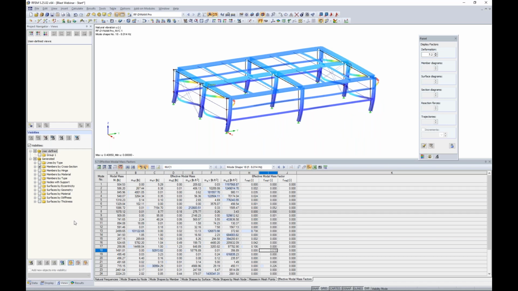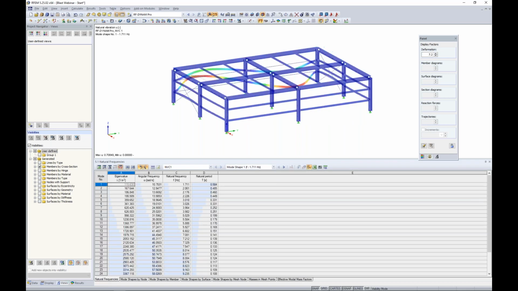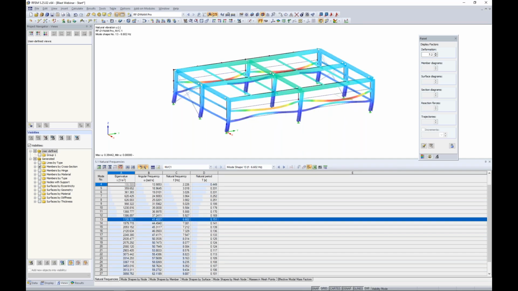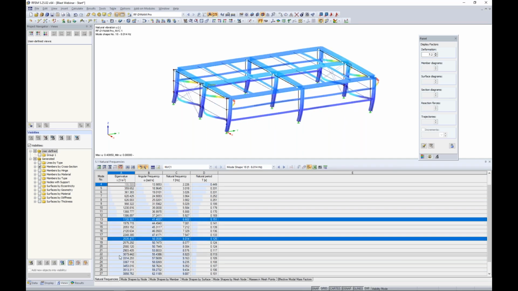So keeping in mind mode shape 13 and 18, we jump back to this first table here, natural frequencies. And I'm going to highlight, let's take a look at mode shape 13 as well as mode shape 18. So for these two dominant modes, I can now determine what my angular frequency is, my natural frequency, and my natural period.